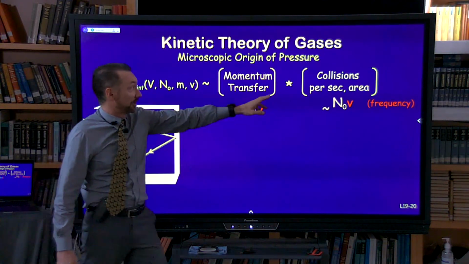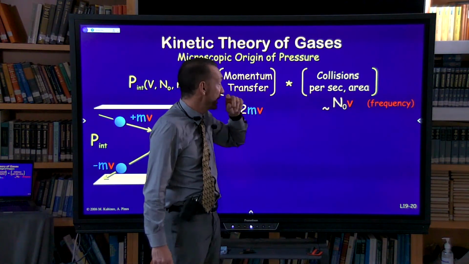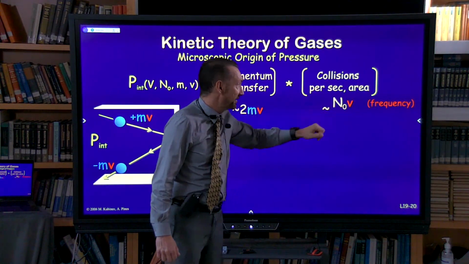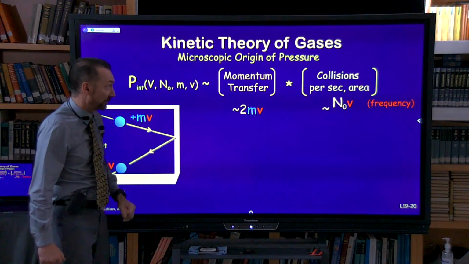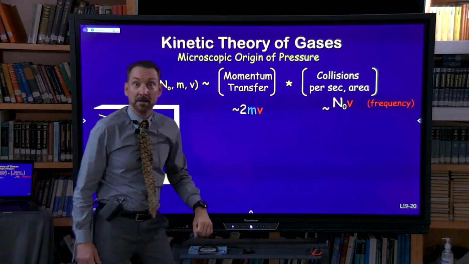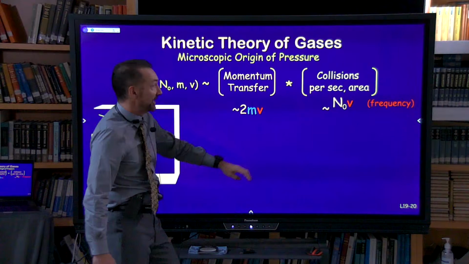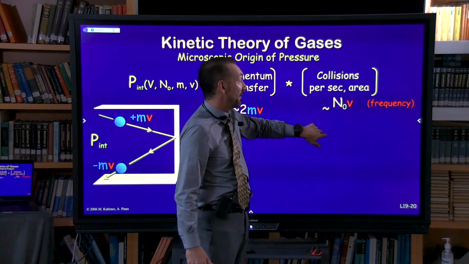So the collisions per second and per unit area. So the number of collisions goes as how fast they're going in general and how many of them there are. So the frequency of the collisions has that factor, the number of particles and how fast they're going.